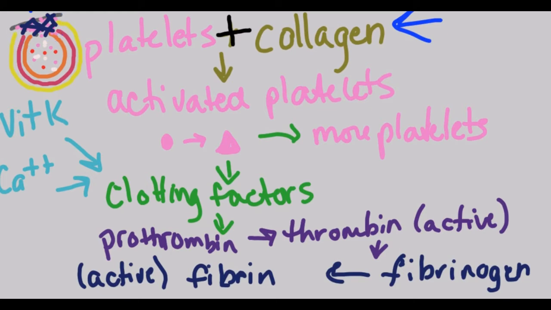And so it's basically going to be pretty similar to the mechanical that we talked about, where this is going to be something that we're going to apply to the wound up here, but it's going to already have the fibrin in it. So this is already the active form, so this fibrin is going to help this clot form faster because it is already providing some of the fibrin needed for your body to clot right there.